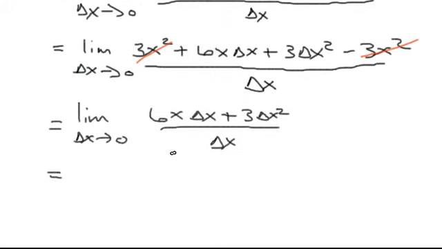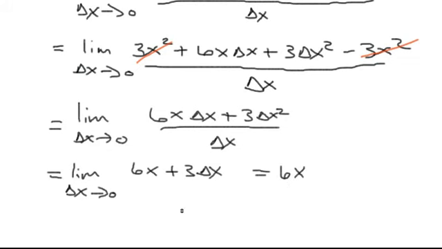Now, this delta x can go into this term, and delta x can go into this term here, which is going to reduce down to 6x plus 3 delta x. Letting delta x go to 0, this term becomes 0, and so you're left with 6x.